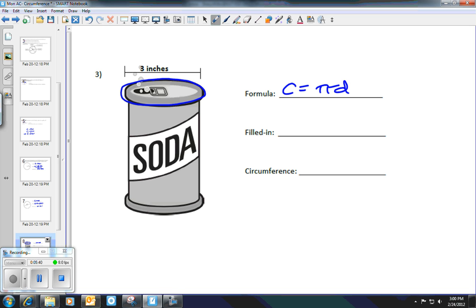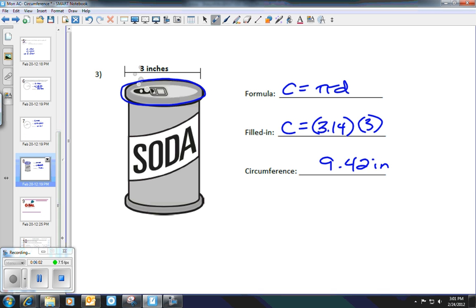And filling it in, we don't know circumference, but we know that pi, we're going to use 3.14, and diameter is 3 inches. So now we just have to take 3.14 times 3 to get our circumference, which ends up being 9.42 inches. Okay, we're going to talk some more about this in class, and you'll be doing an assignment.